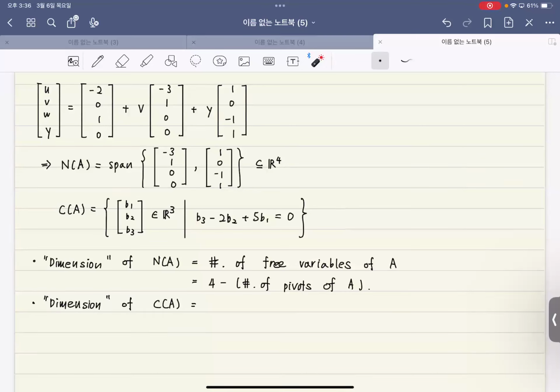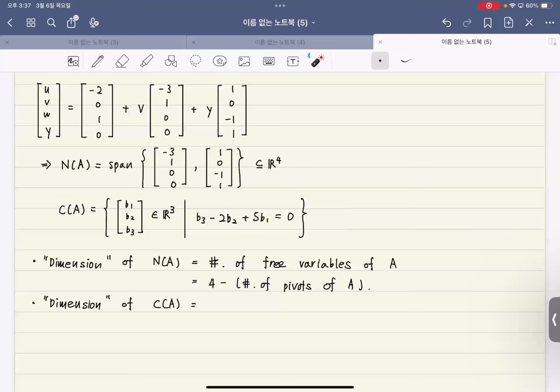So I try to compute the dimension of C(A). Originally I was in three-dimensional space, so my degrees of freedom were 3, but I have just one restriction. And having one restriction means I am losing one degree of freedom. Okay, so the dimension of C(A) must be 2.